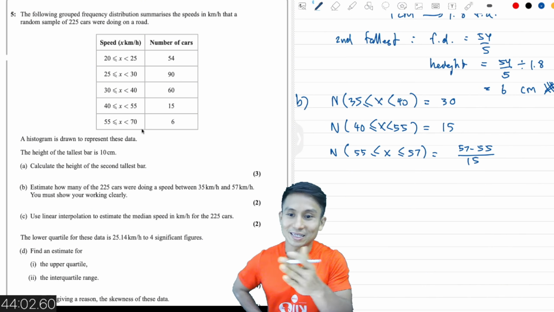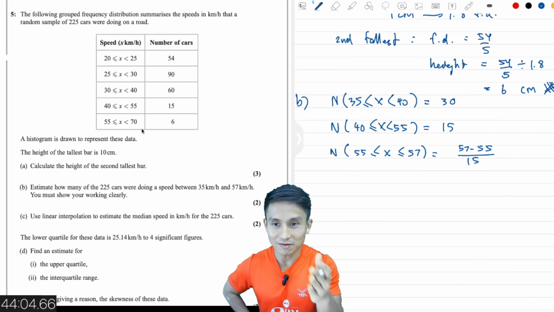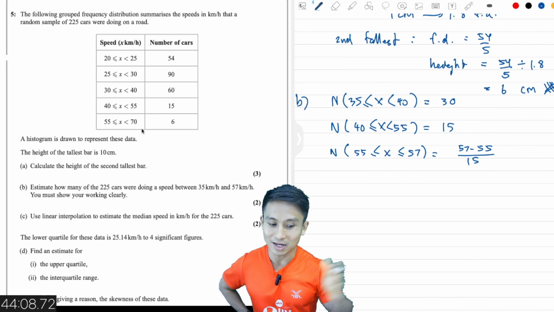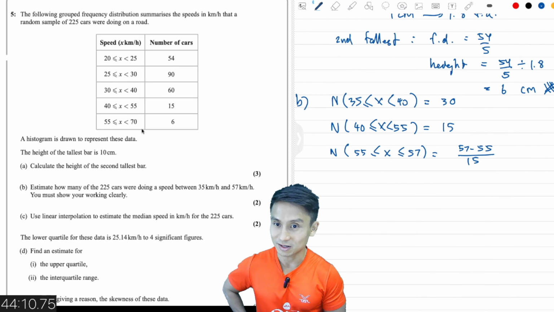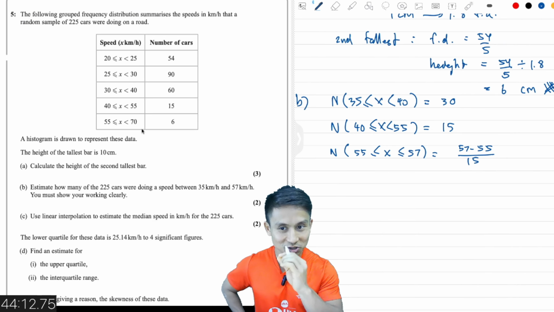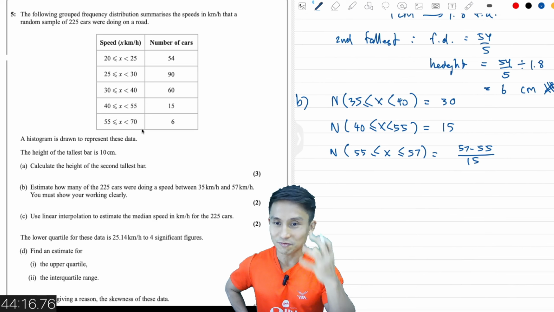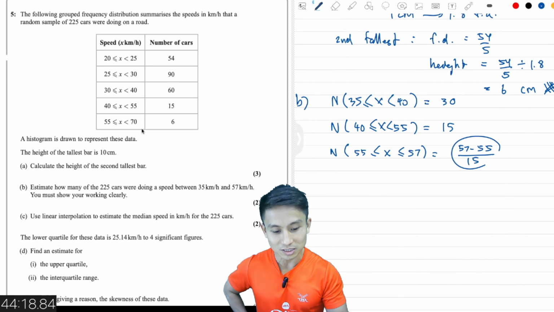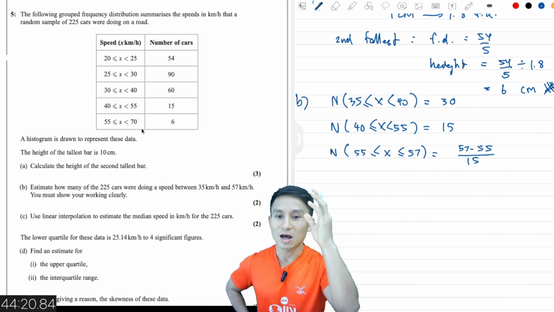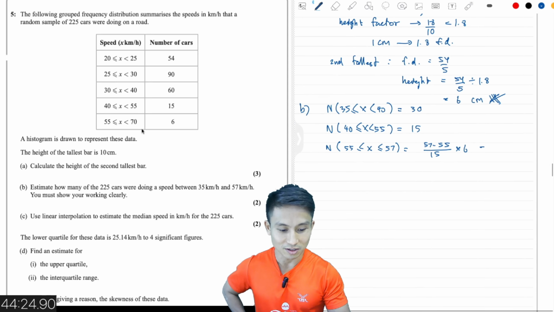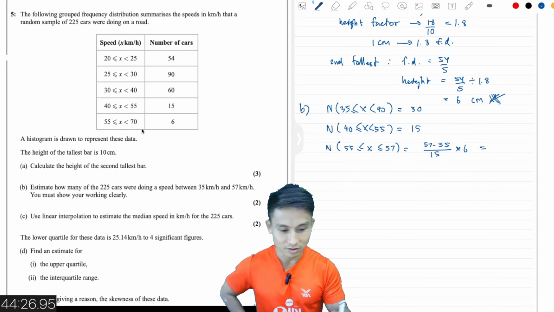I mean, if you went from 55 to 60, it would have been 60 minus 55 divided by 15. Okay, but this is just 57, so we subtract to get 2 divided by 15 to find the proportion. Basically, this works as a proportion out of the whole group, which is just 6 cars. Okay, so that's just the number of cars from that part alone.